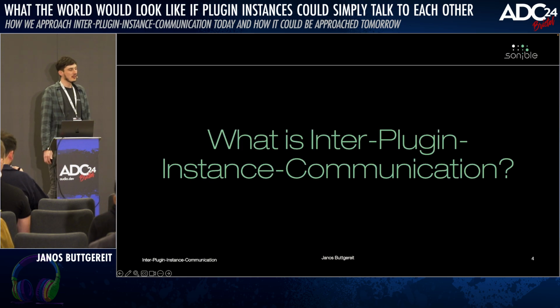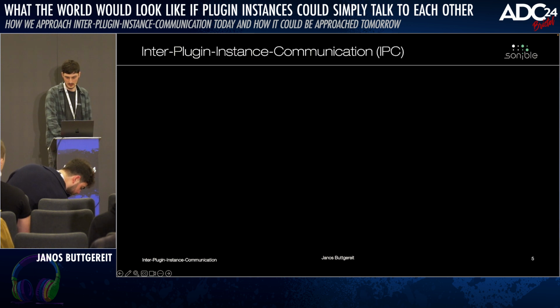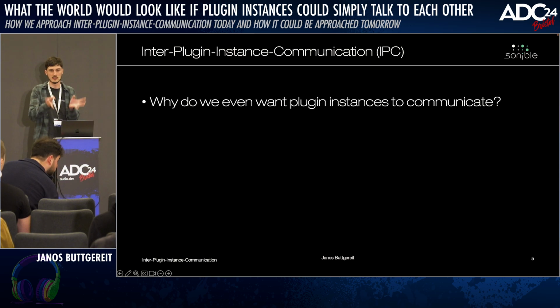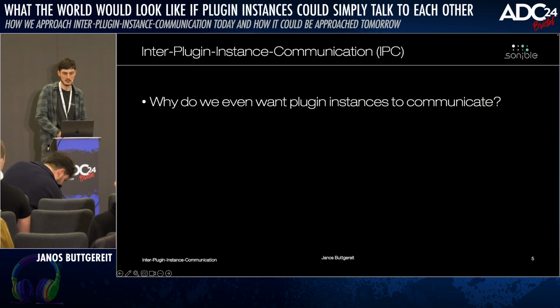So, what is inter-plugin communication, or inter-plugin instance communication? Why do we even want plugin instances to communicate? They could just live in their own channel strip and everything will be fine. It was like this forever.